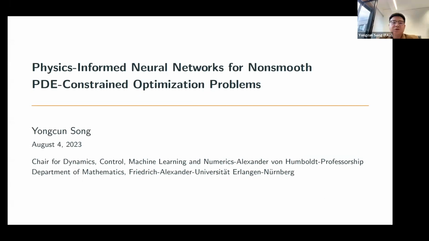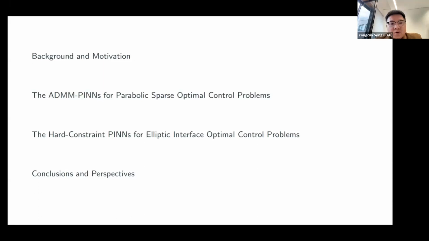And I'm very happy here to share some of my recent work. Today I will talk about physics-informed neural networks for non-smooth PDE-constrained optimization problems. First we will talk about some background and the motivations about PDE-constrained optimization and physics-informed neural networks.